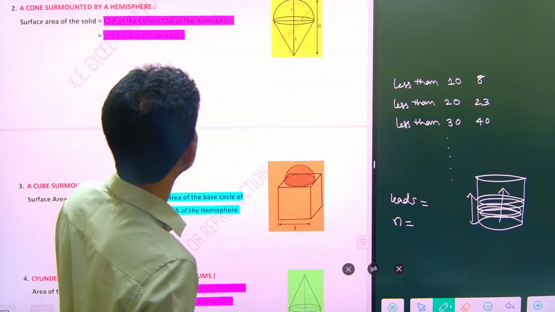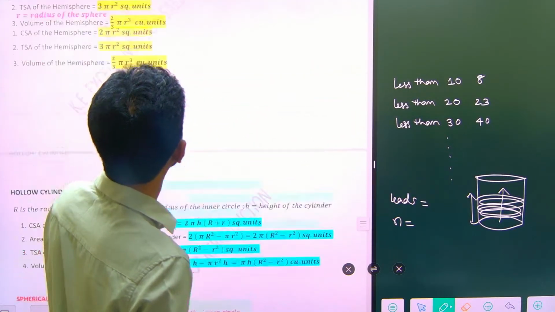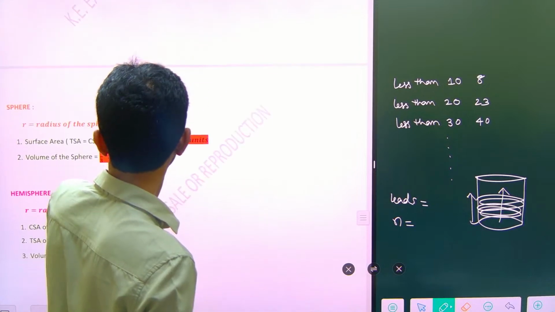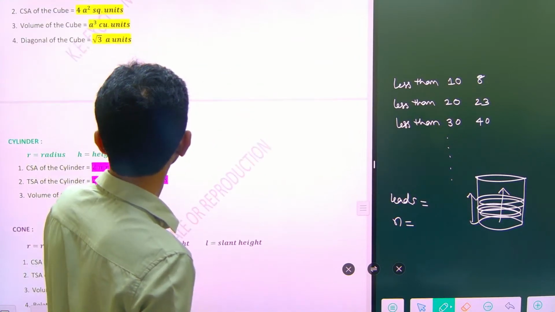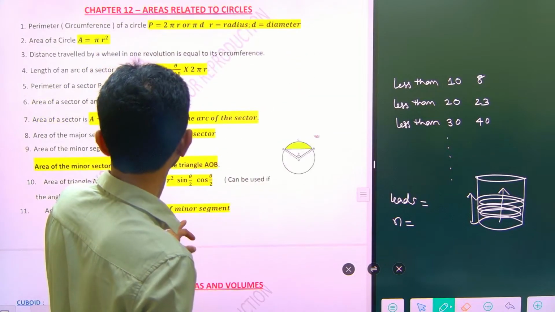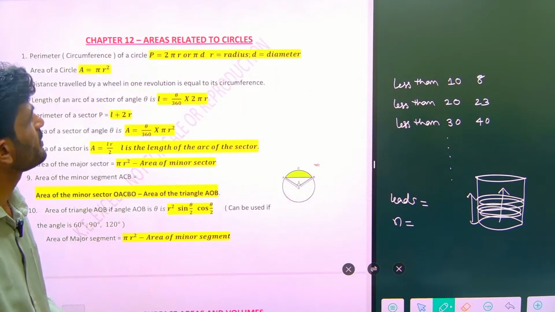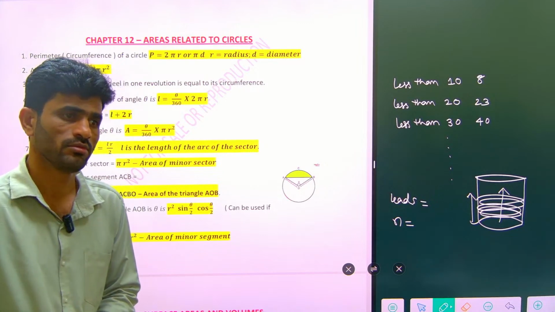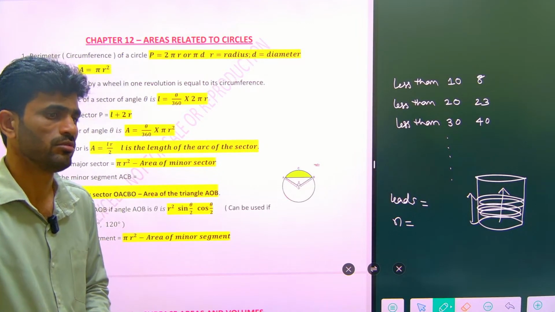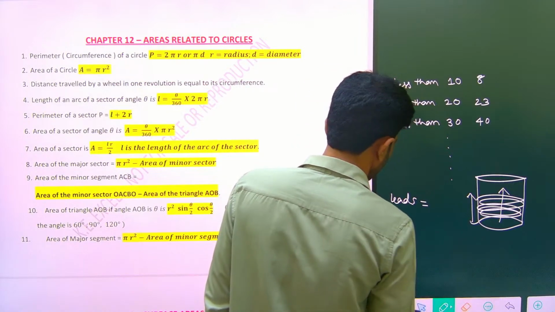Area of sector, remember, theta by 360 into pi r square. These formulas. Perimeter of a circle, 2 pi r.